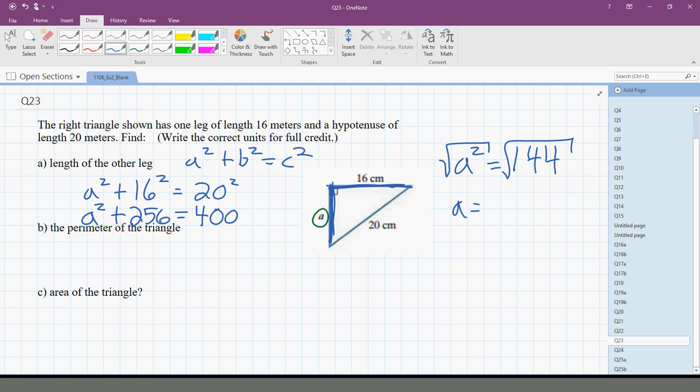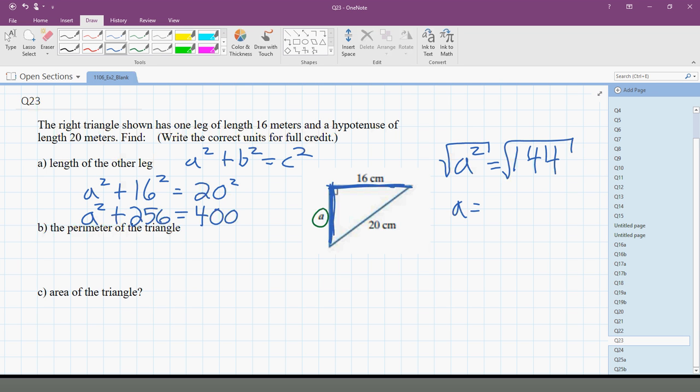Your square root button is above the x squared button. So you hit second x squared. Hit second x squared. 20?